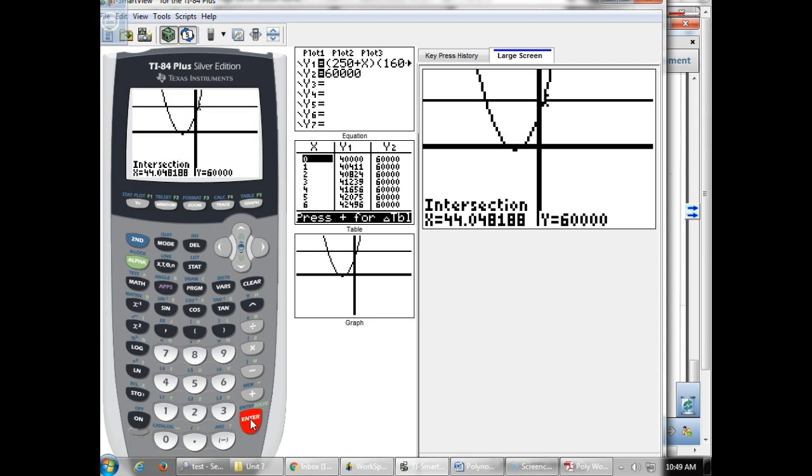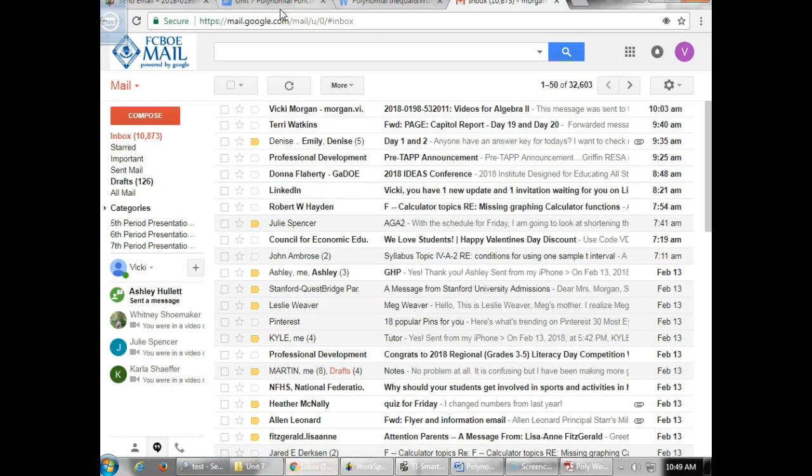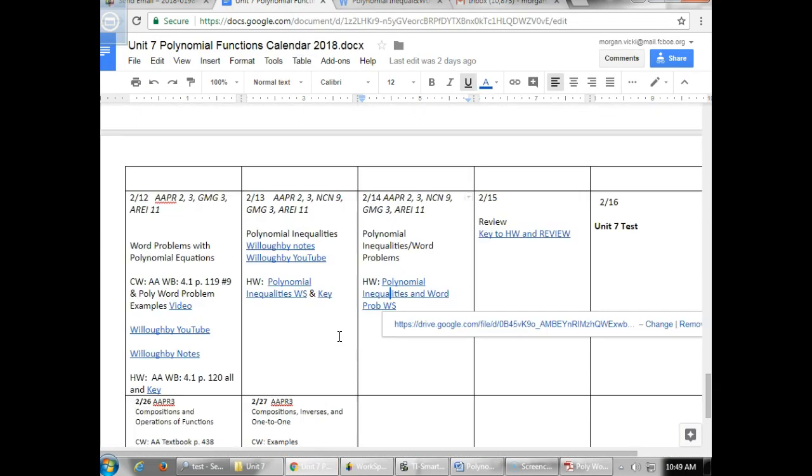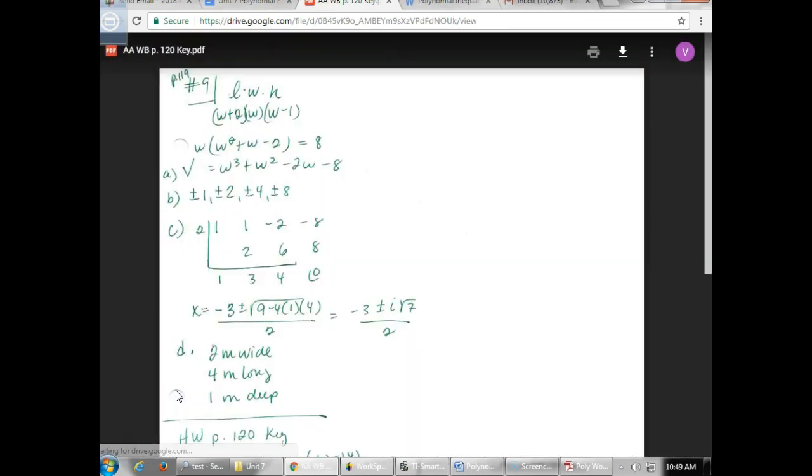So let's go back. Monday's homework was from the workbook, okay? It was not as important, so I don't want y'all to stress about that one too much. So let me show you. Right here, here's the key, and y'all should have checked it online.